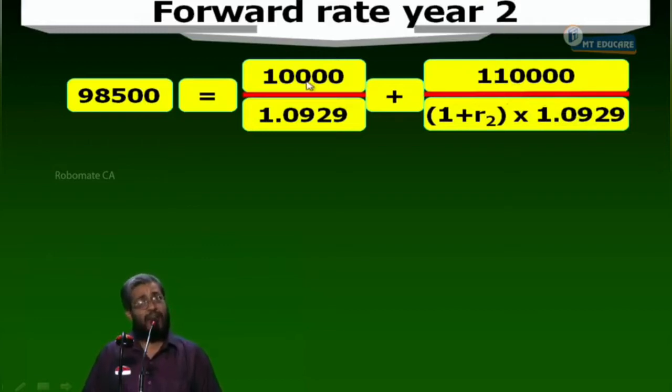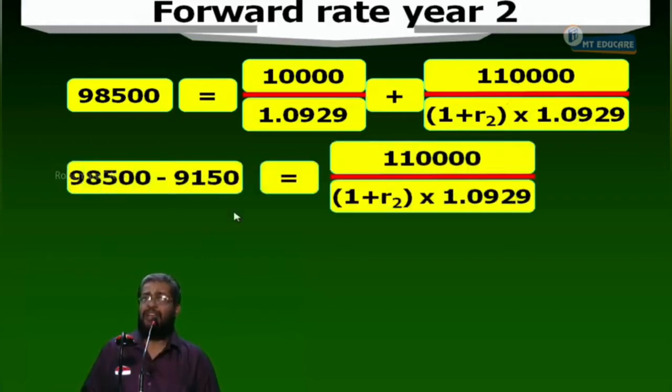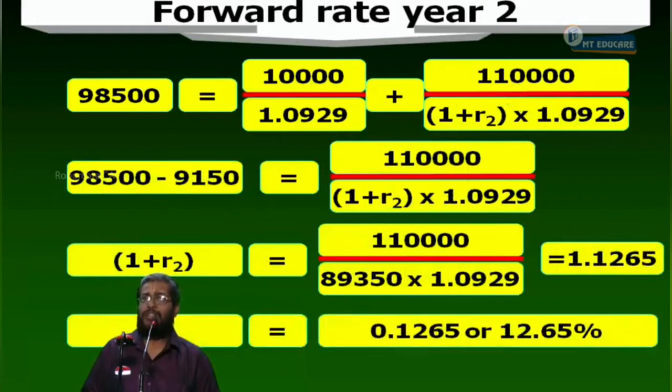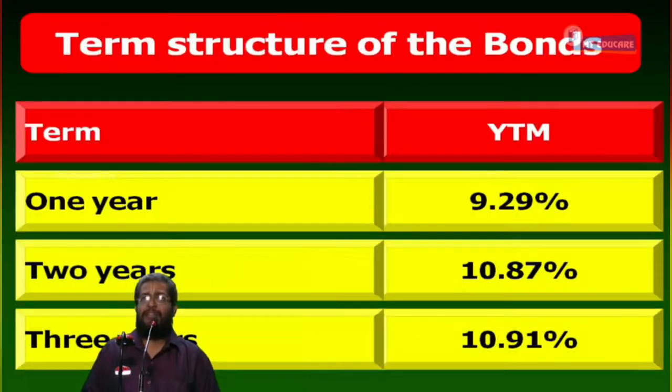That should equal 98,500. If I rearrange it, I get R2 as 12.65%. In other words, investors are expecting 9.29% in the first year and 12.65% in the second year. On average for 2 years, 10.87% per annum.